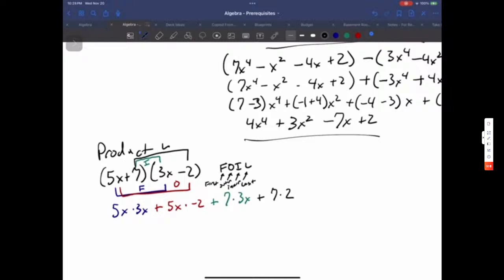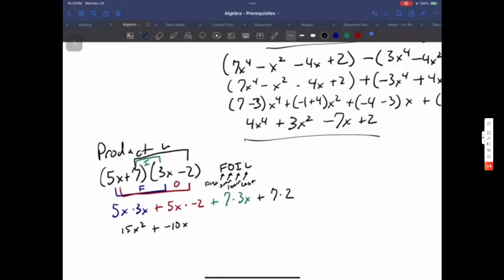So let's go through and see what we have here. We have 5x times 3x, which is going to be 5 times 3, 15, x times x, x squared, plus 5 times a negative 2, negative 10, x times 1.